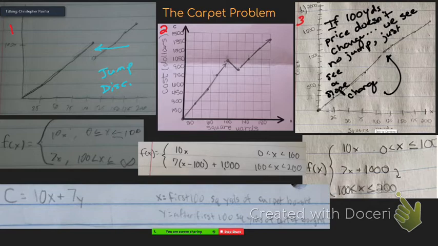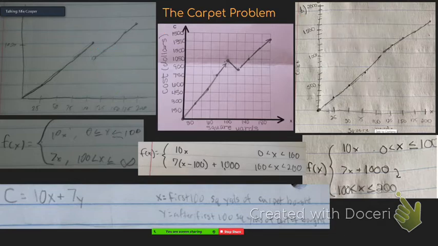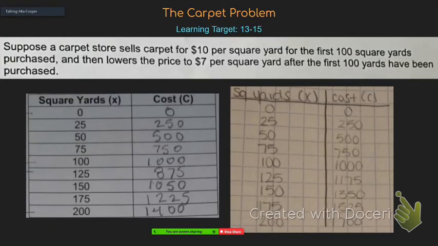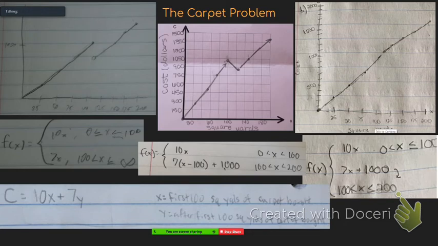I think it would mean that the table would show, like the first one that we looked at, the one on the left. So it would show that all of the square yards would be multiplied by 7, just starting at 100 instead of adding in the first 100.